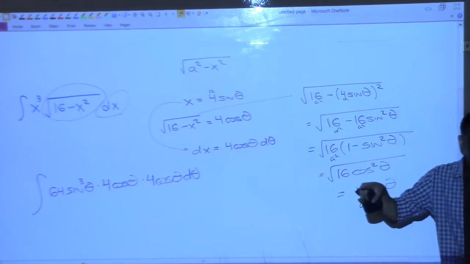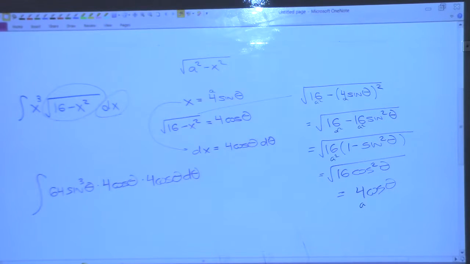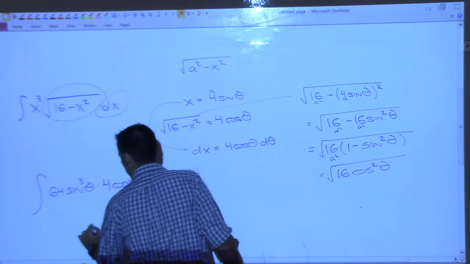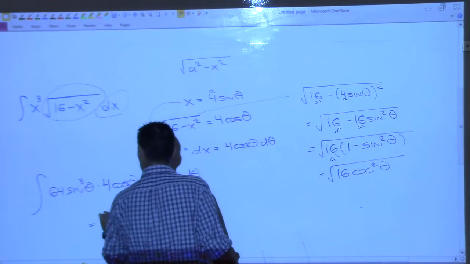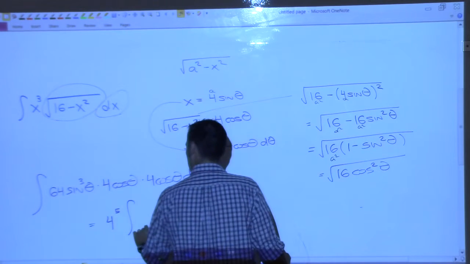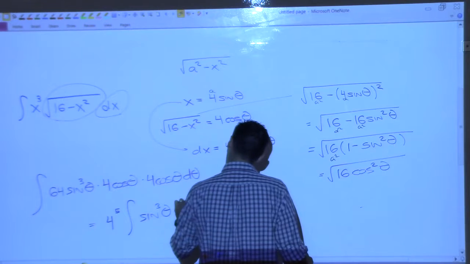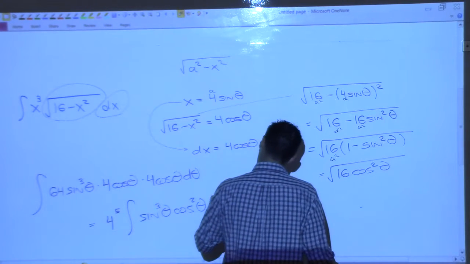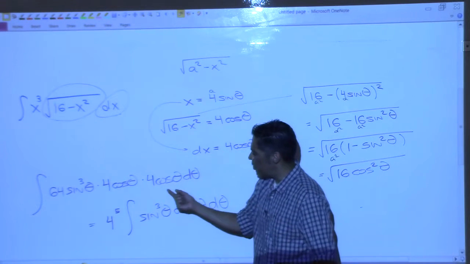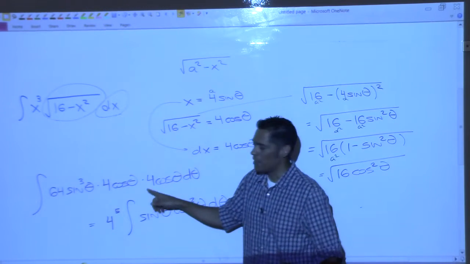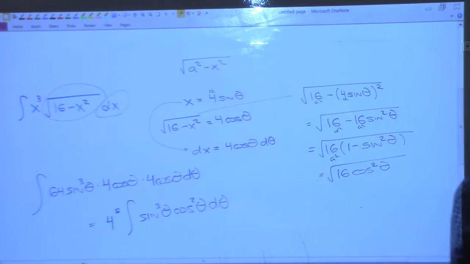Did everyone see where all those pieces came from? So now this is going to become 4 to the 5th integral sine cubed theta cosine squared theta d theta. What I did is I got tired of writing 4 times 4 times 4. This was 4 cubed, times 4 times 4 again, that's 4 to the 5th power. I just brought that out front.